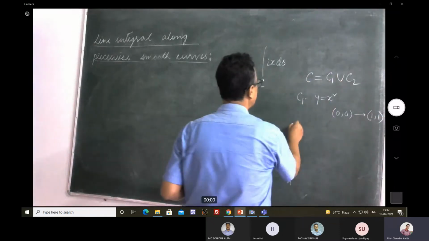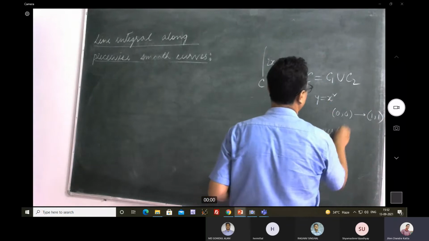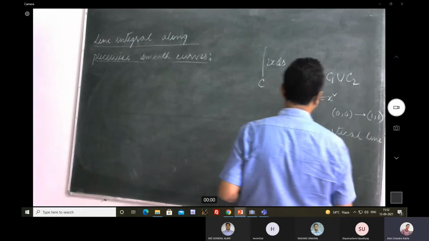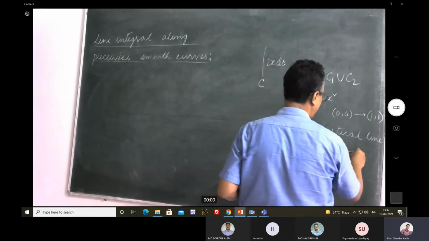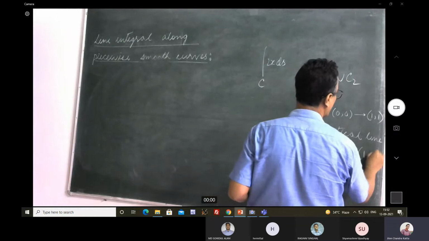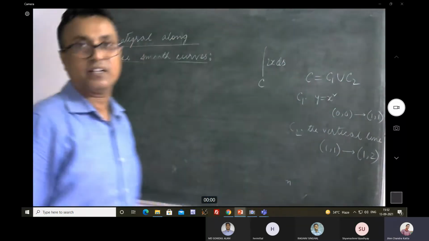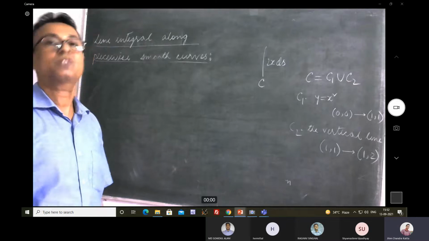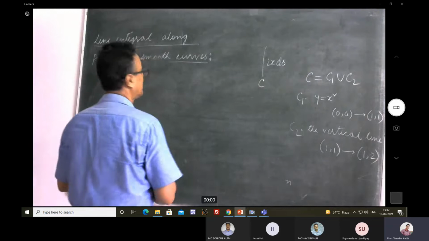And C2 is the vertical line between the points (1, 1) and (1, 2). So let us not even look at the integrand. Let us firstly try to deal with the curve C.